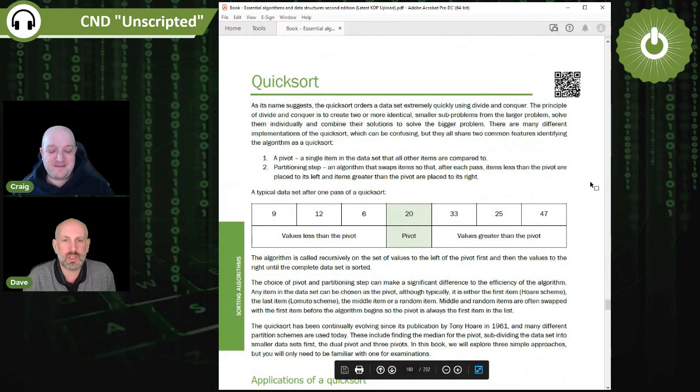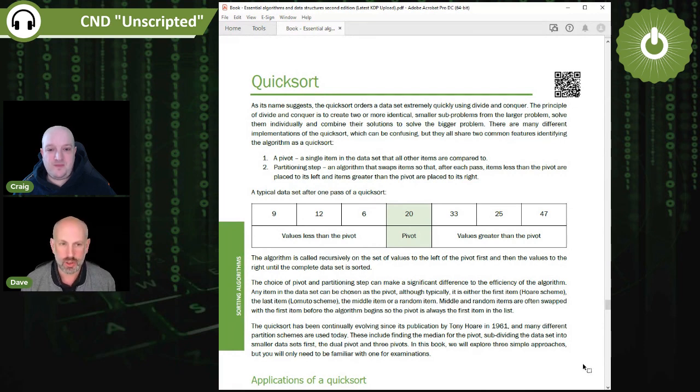So the whole chapter starts with an explanation of the quick sort, and crucially, what is the feature of the algorithm that makes it a quick sort? If there are so many different approaches to a quick sort, what should I be looking for to identify that what I'm seeing in this exam is actually a quick sort? Or if I'm asked to write an algorithm, what are the key features that I must remember to include in the pseudocode that I'm writing?